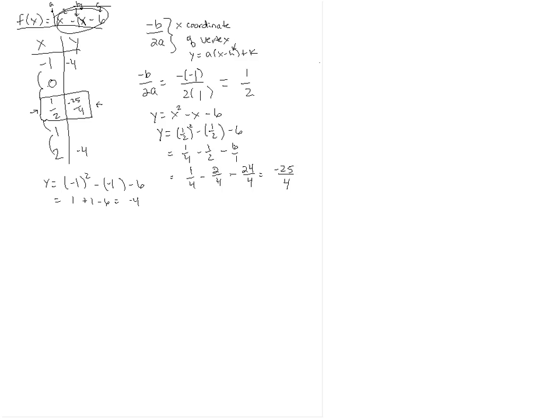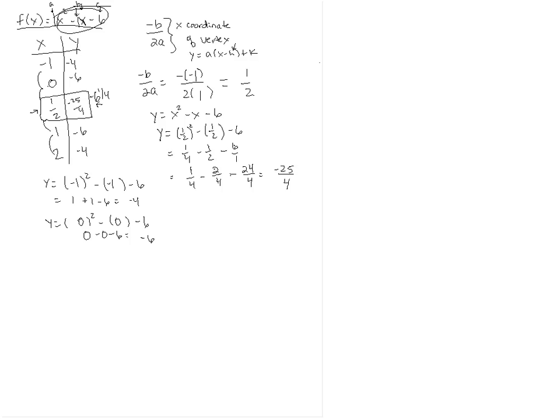And then I plug in 0. Y equals 0 squared minus 0 minus 6, which is -6. All right, 25/4 is the same as 6 and 1/4. So -6 and 1/4. And we have to know this because we have to be able to graph it, okay?